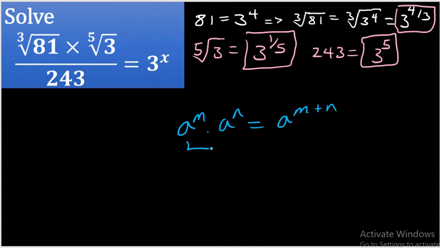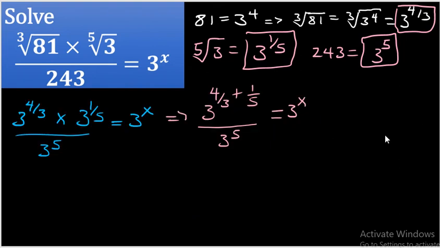We are multiplying two exponents having the same base, so in case of multiplication, just take one base and add the exponents: the product rule. And the quotient rule says a to the power of m over a to the power of n, with two exponents having the same base, can be written as a to the power of m minus n. I hope you remember this. Let us apply those exponential rules here.